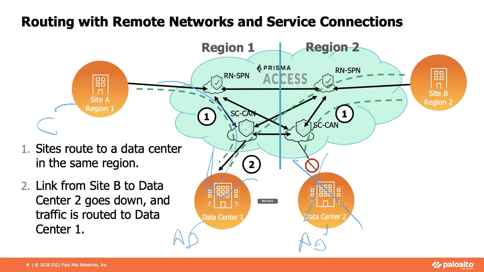It would remain regional unless there's no option within a region, and then we'd be able to cross regions. So we'll go to the closest available one. And of course, your data centers may have some sort of BGP solution, some sort of distributed load balancing solution, or whatever the case may be, that can aid in this sort of thing.